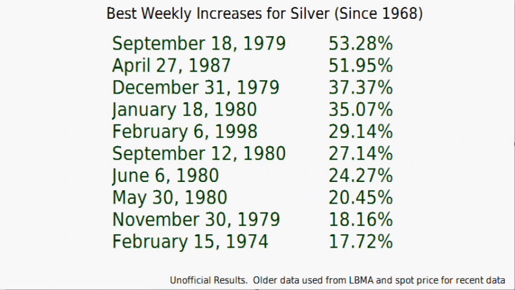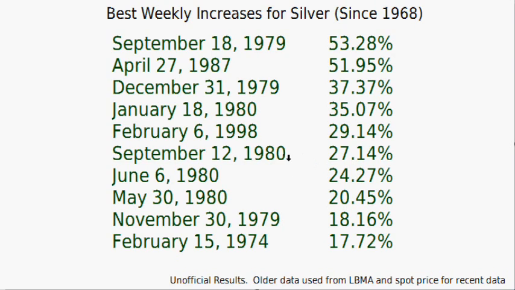Now, I want to finish this off by going over the best weekly increases for silver. I put this up a few months ago, and this really shows a similar sort of analysis. Since 1968, the best weeks that silver has ever endured take us to 79, 87, again 79, 80, 98, 1980 times 3, 79, and 74.